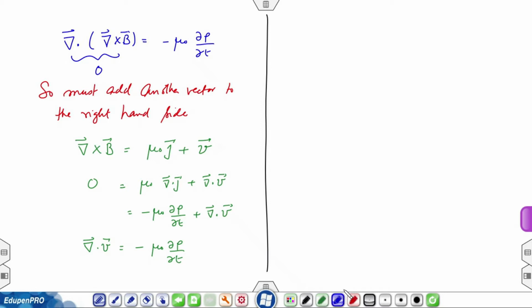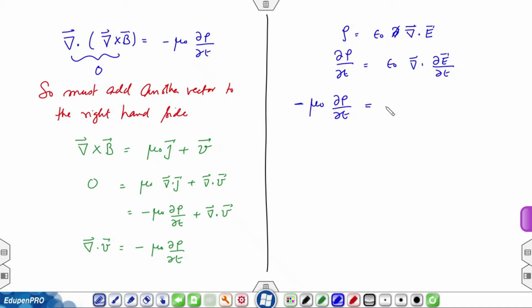And I know that rho is equal to epsilon 0 divergence of E. Therefore, d rho by dt is equal to epsilon 0 divergence of dE by dt, and this gives me mu 0 d rho by dt equal to mu 0 epsilon 0 divergence of dE by dt.